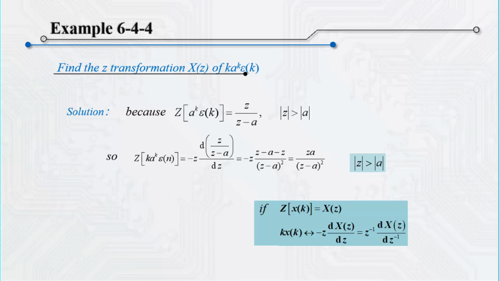So what form is its z transformation? According to the definition just now, we take the derivative of the z transform of this original sequence in the z-domain, then we sort out after solving. The final result is this. This is the change of its corresponding convergence domain.